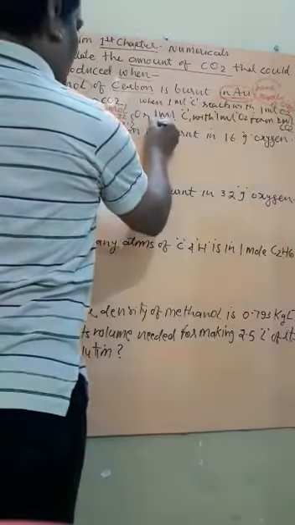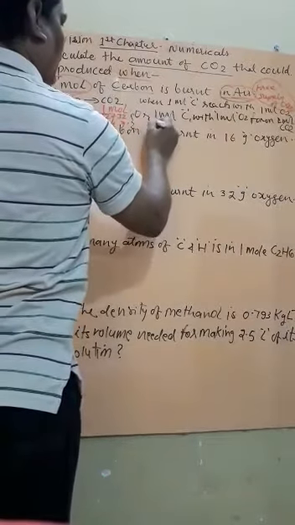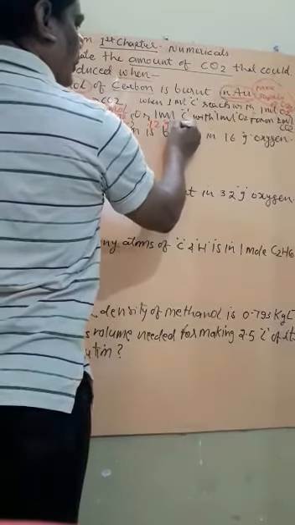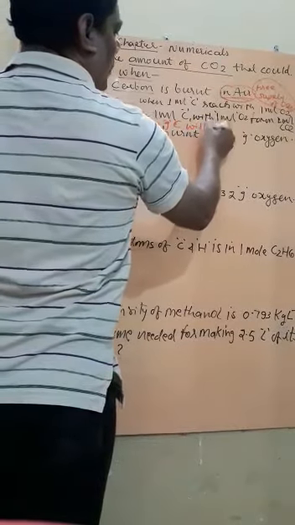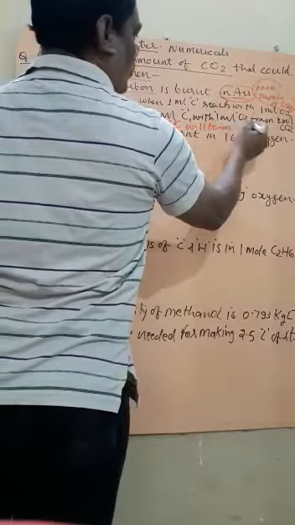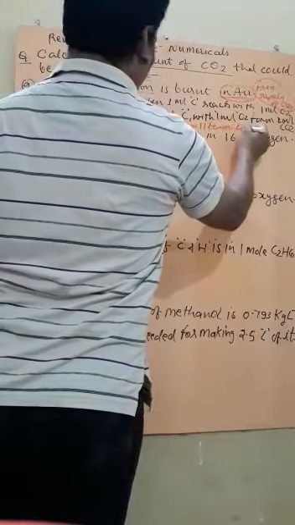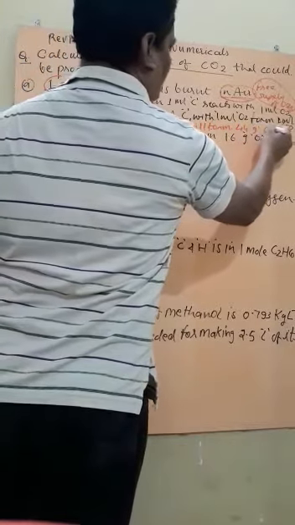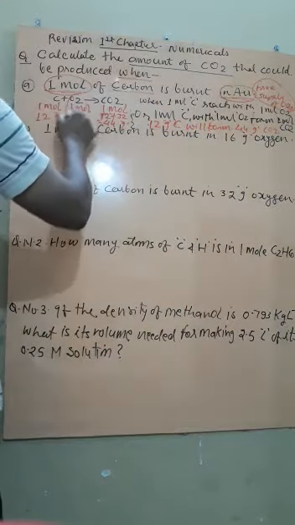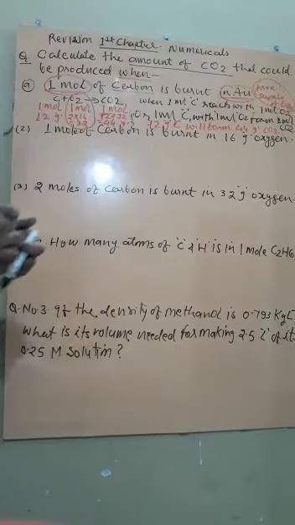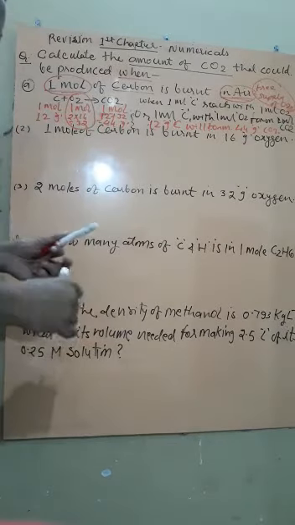That is, 12 gram C will form 44 gram CO2. Why? It is because the oxygen is present in abundance.